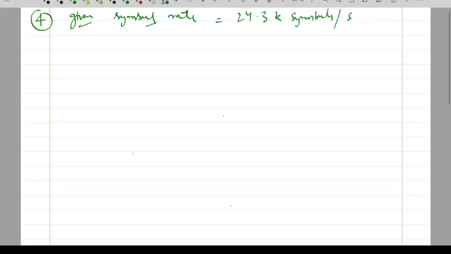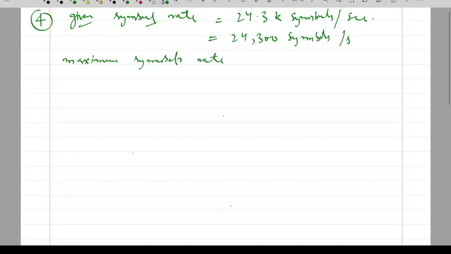So this is approximately equal to 24,300 symbols per second. So this much symbol rate is given, so we will find out the maximum number of symbols where the data is transmitted before the equalizer updation.